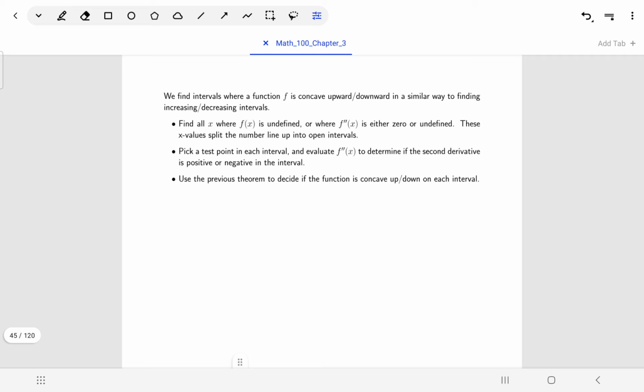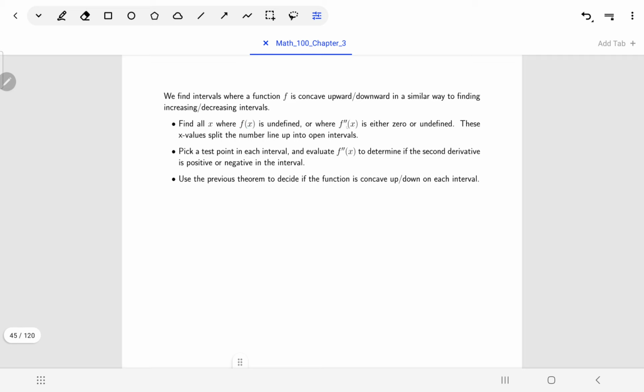So basically the same sort of ideas that we use for finding where a function was increasing or decreasing, we can use to find where the function is concave up or concave down. We know that really things are going to depend on where f double prime is positive and where it is negative. So we'll figure out where f is undefined.